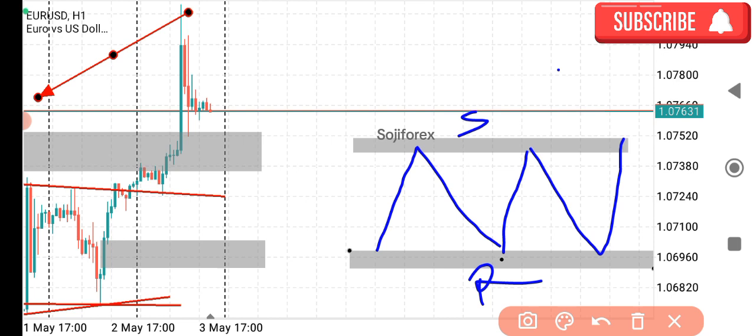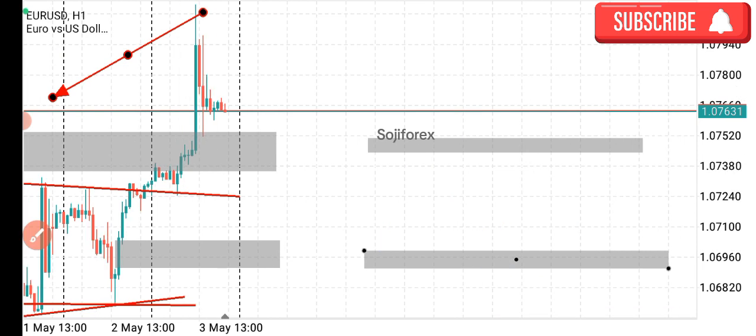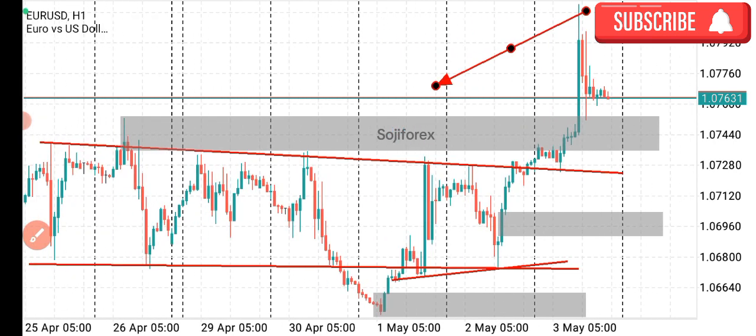So what we are trying to say in essence is that a breakout occurs when price either breaks the resistance to the upside, or breaks this support to the downside. Regardless of whichever it is, that is what we refer to as a breakout.